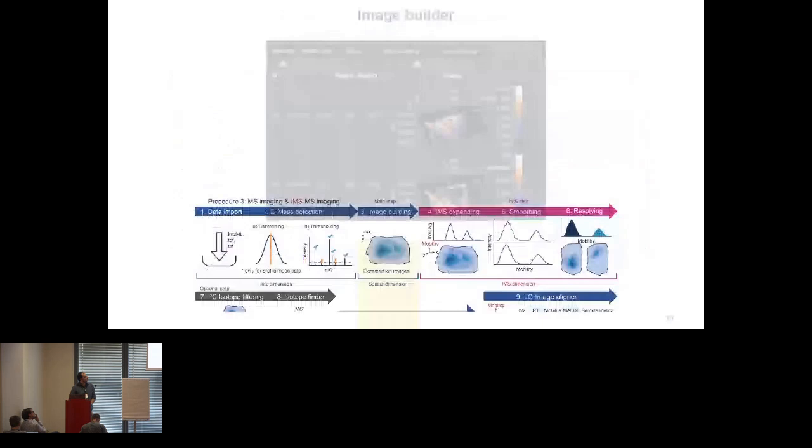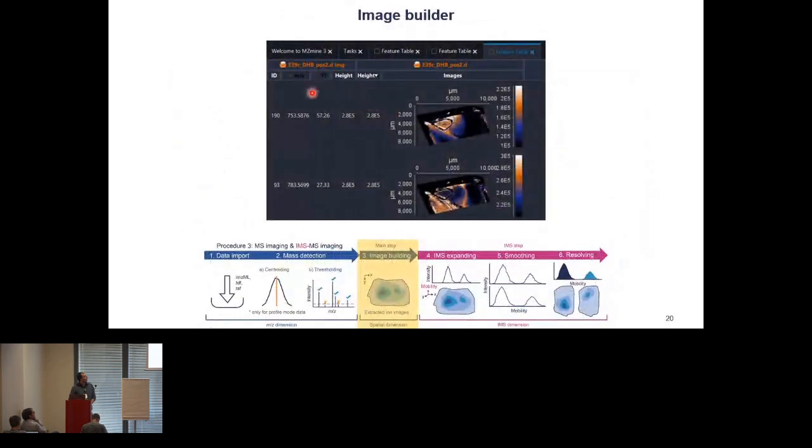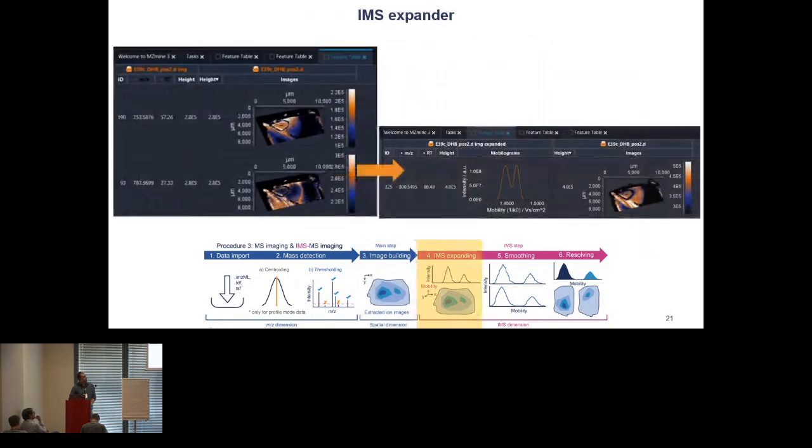So this is how it looks in practice. In MZmine, if you run the Image Builder on your imaging data, you get these cute images for all your ions that you detected. And then when you expand them into the mobility dimension, for each image you get the mobilogram, so you see the signals in the mobility dimension.